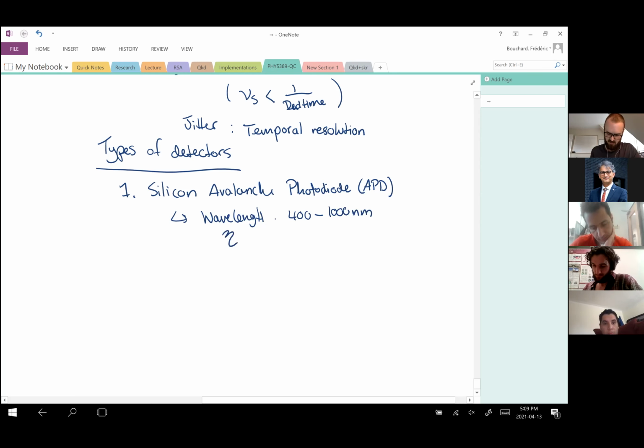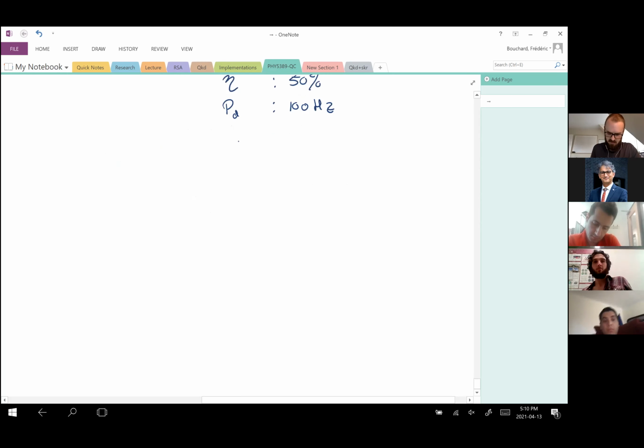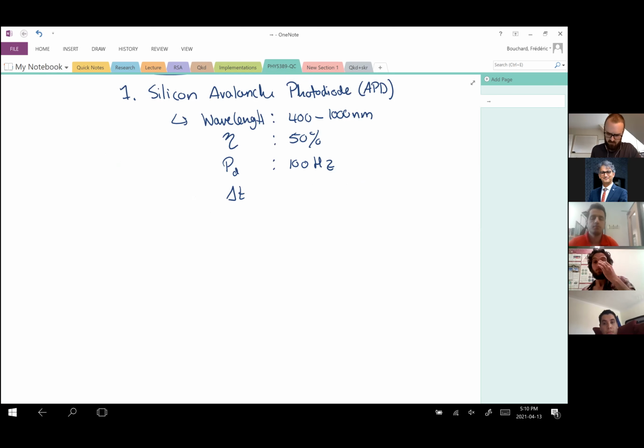Efficiencies are pretty decent. You can get even higher than 50%. Dark counts are usually not a problem. You get something like 100 hertz. And timing jitter can be something like 400 picoseconds or larger.